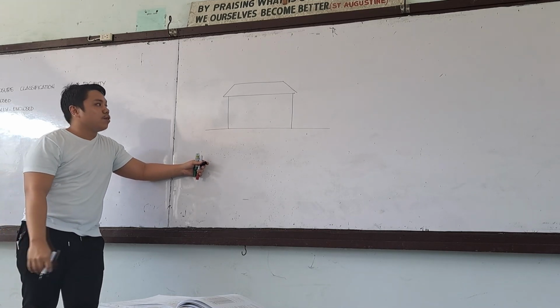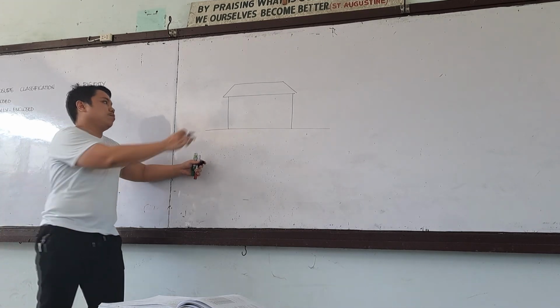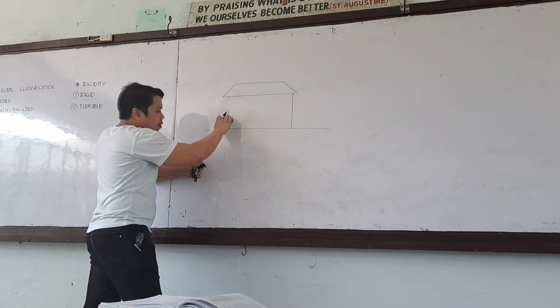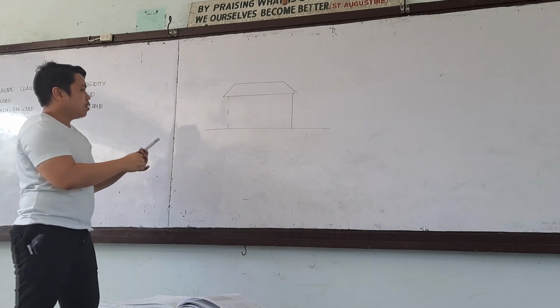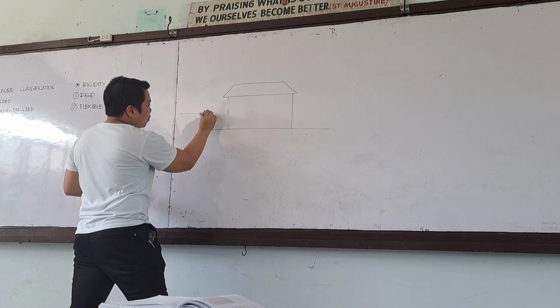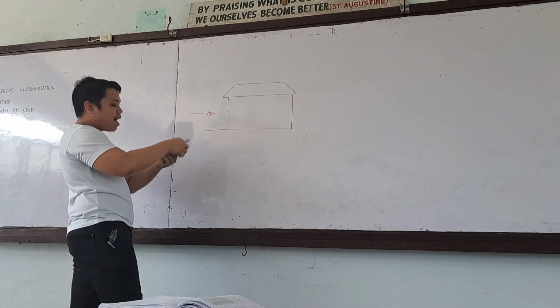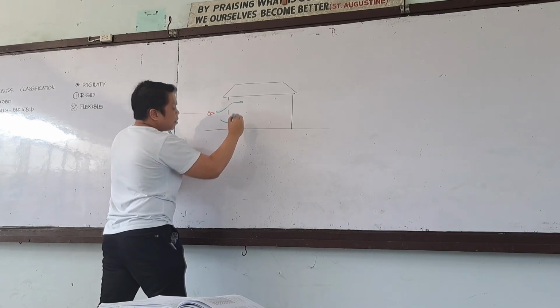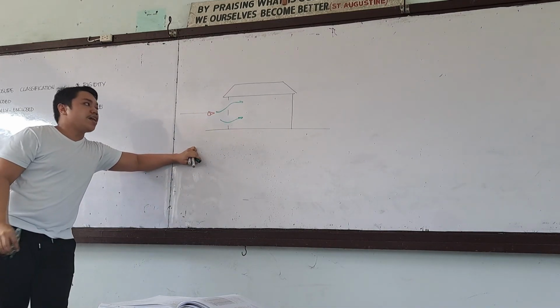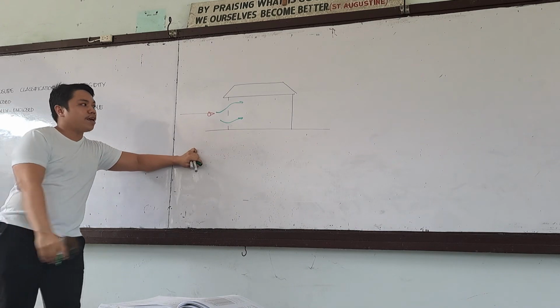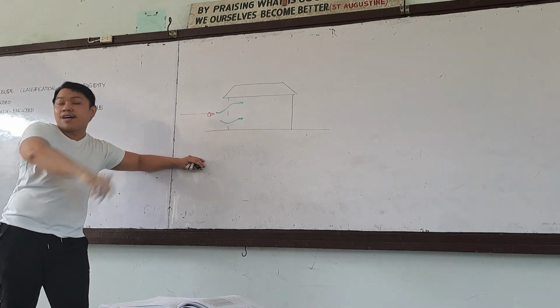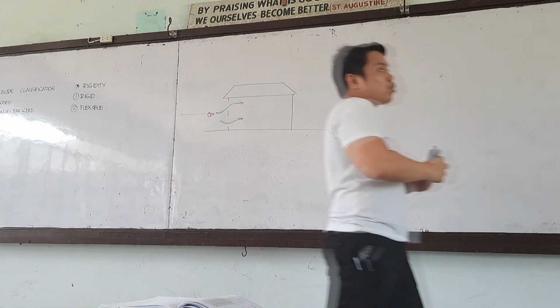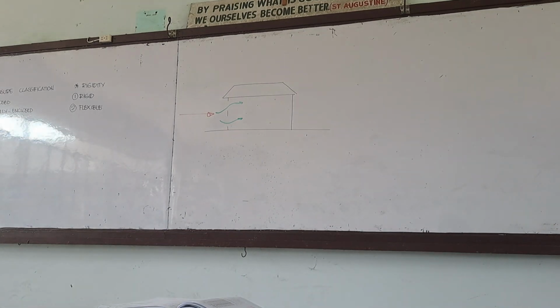So we will first consider our openings, where the wind goes. If this is our prevailing wind direction, the wind hits first, and eventually the wind goes either to the side walls or to our leeward wall. This is the basis for our enclosure classification.